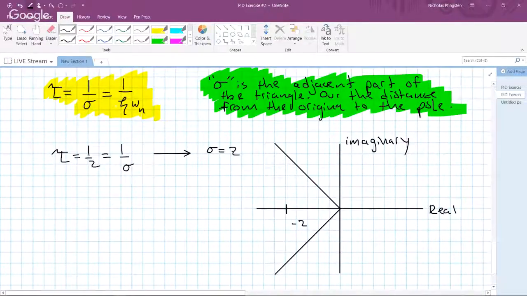So what does an angle of 45 degrees suggest for this triangle? What is special about that? 45 degrees here, it's 45 degrees here. Well, in a 45-degree triangle, the adjacent and the opposite sides are the same length, except the hypotenuse, obviously.